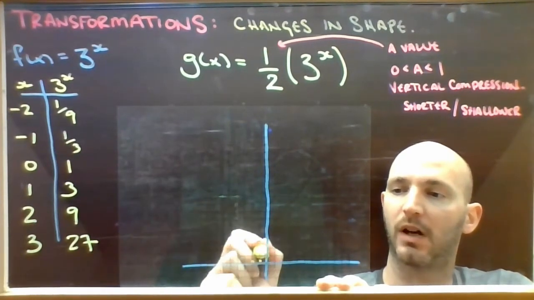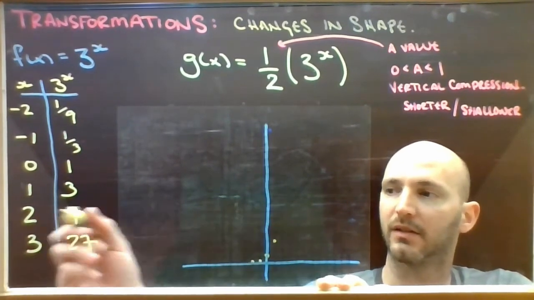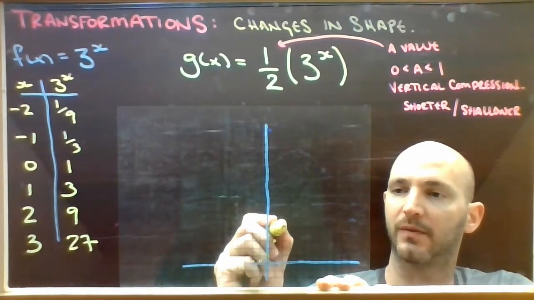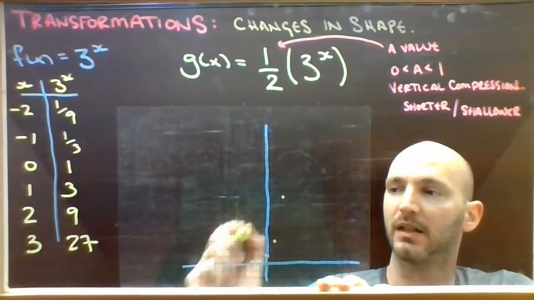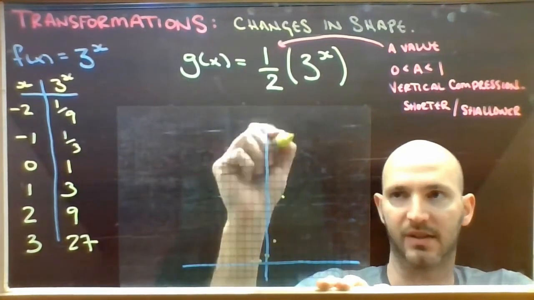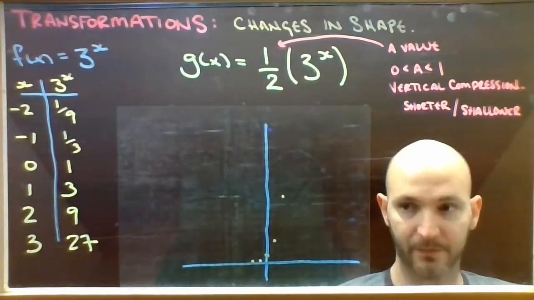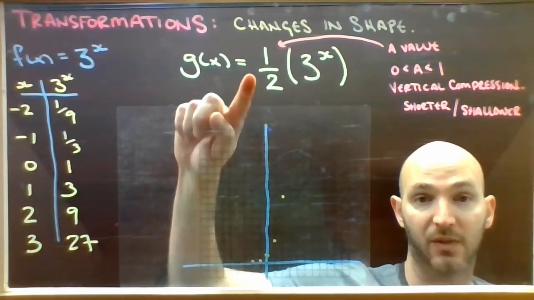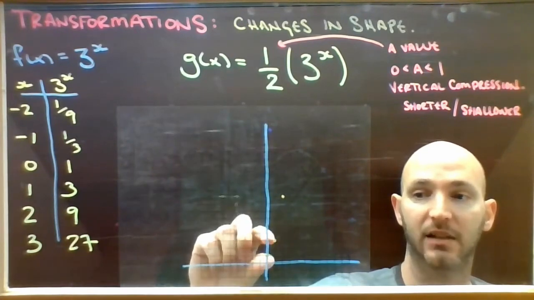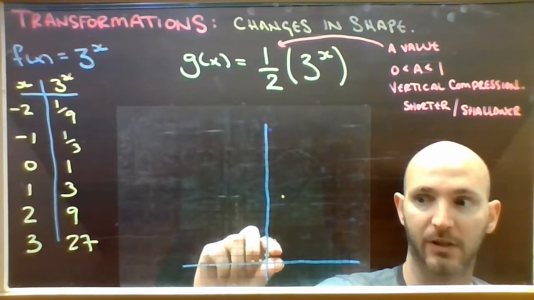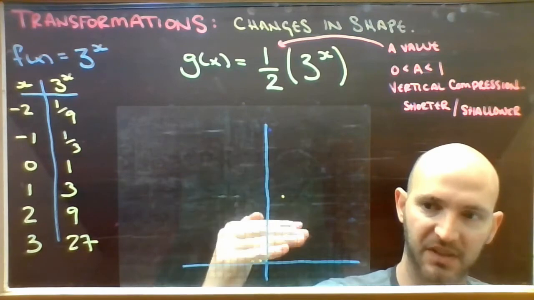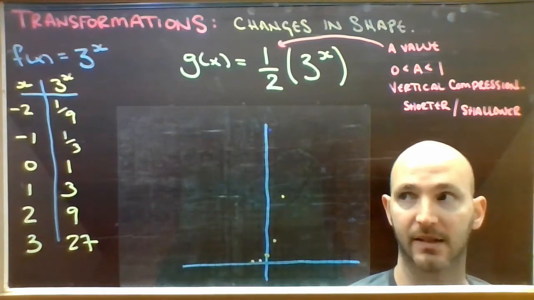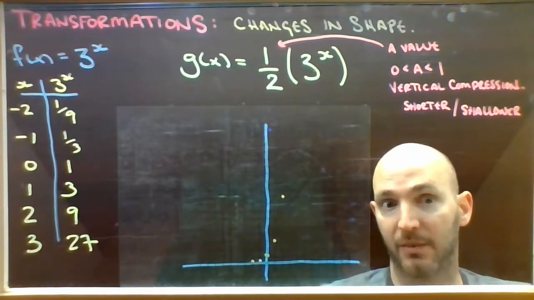At 0, I used to be at 1. At 1, I used to be at 3, at 2, 9, and at 3, 27, which is way off my grid. So these dots, after I apply this transformation, should be getting shorter or shallower. So I should expect this function to be squashed closer to the axis. So how much am I squashing it by?